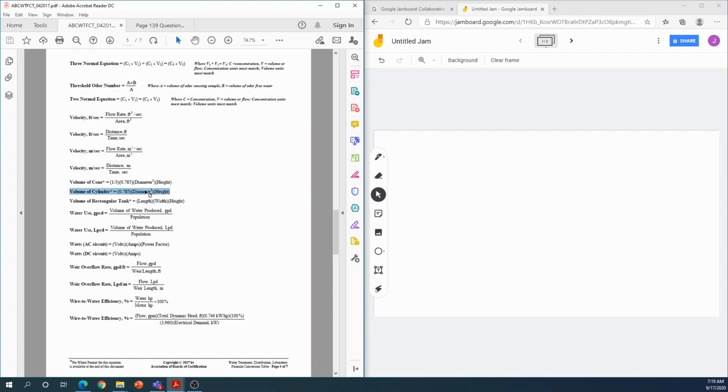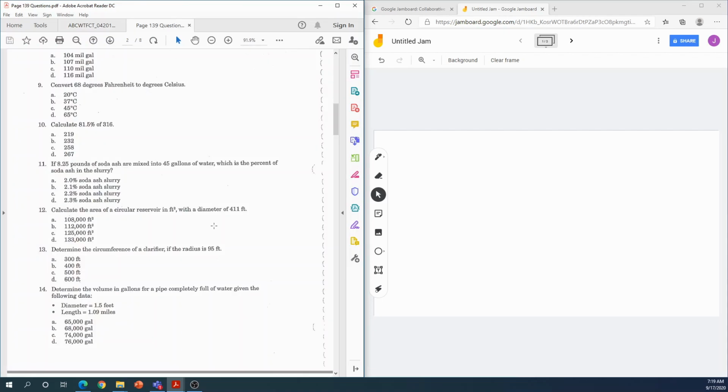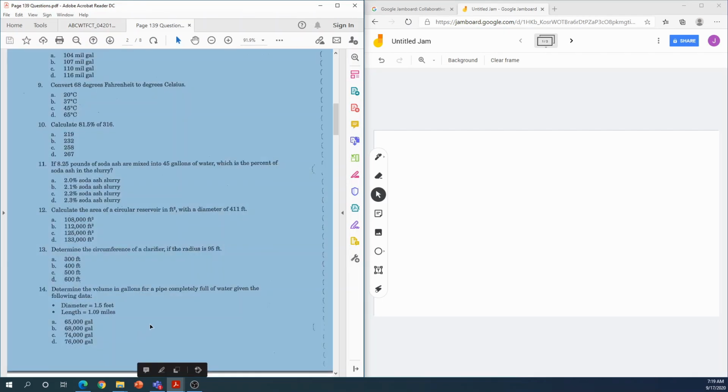And again, remember this is just the area of the pipe times the length of the pipe.